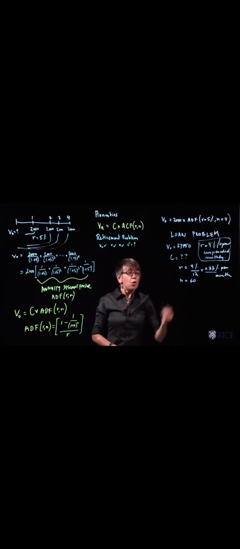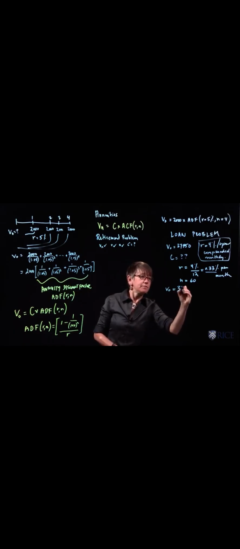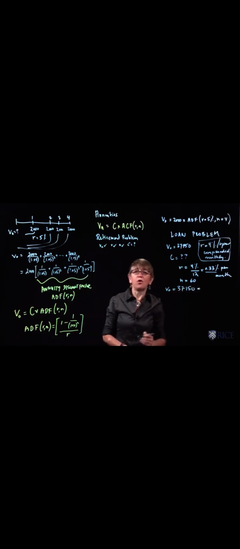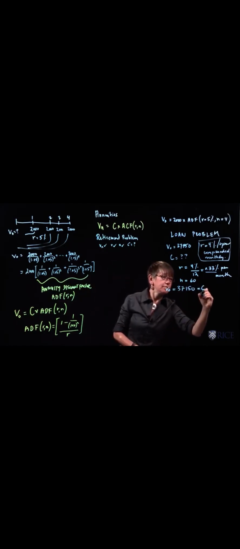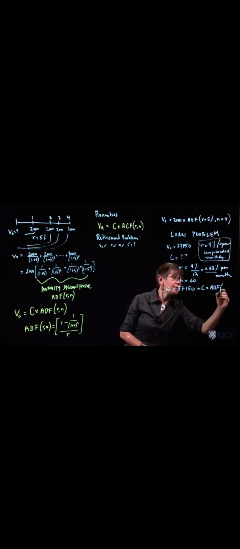We know what the present value is; this is how much we're borrowing. And we're looking for what the car payments will be, times the annuity discount factor, where R is 0.33% and N is 60.